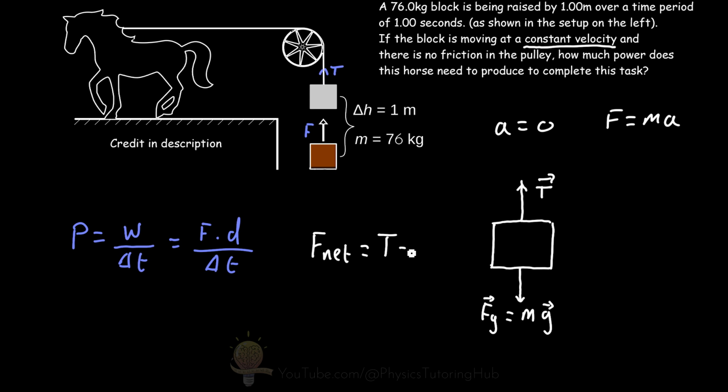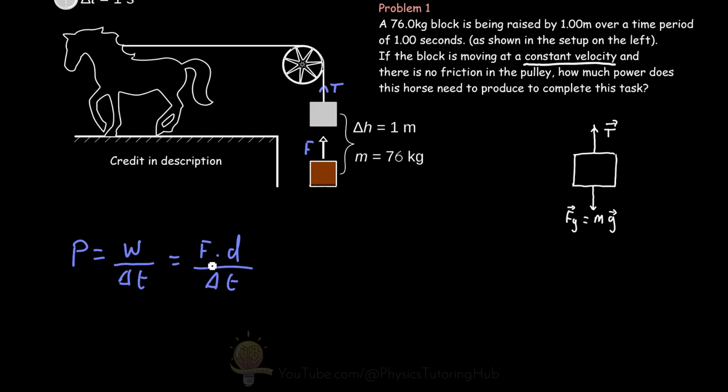So tension minus mg is going to equal zero, because these magnitudes are the same. This means that the tension is equal to the weight of the box during this 1 second time period.